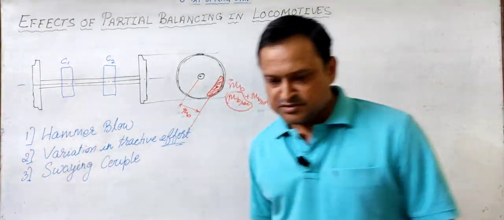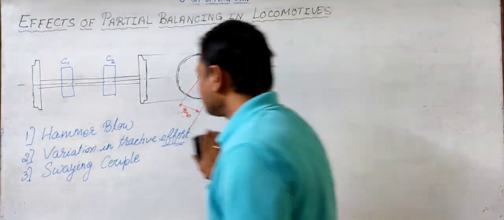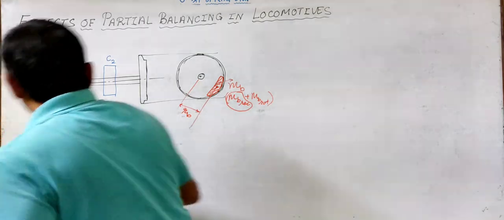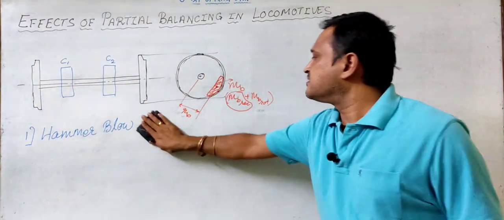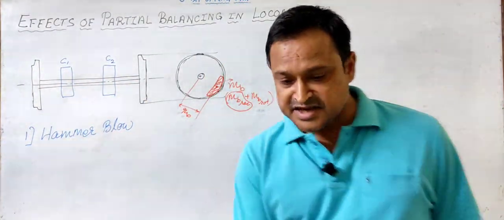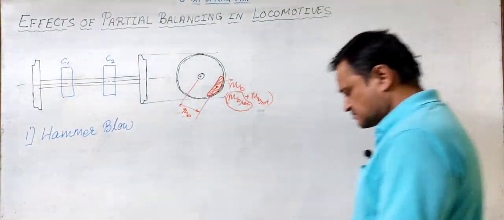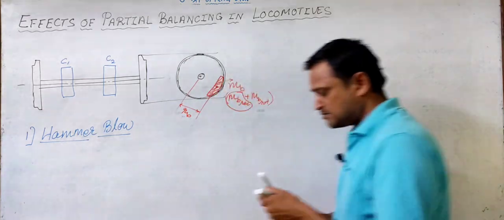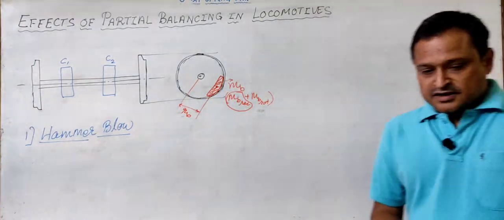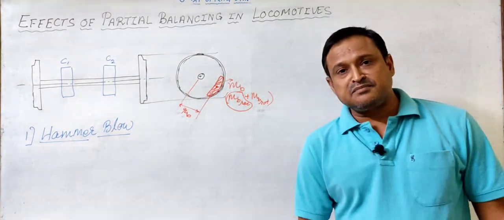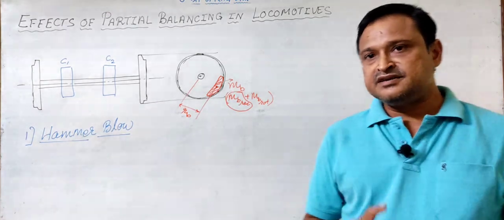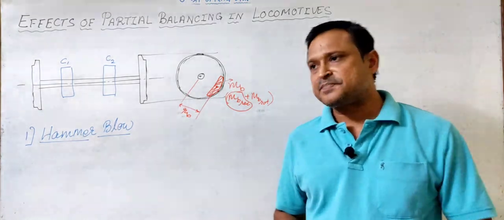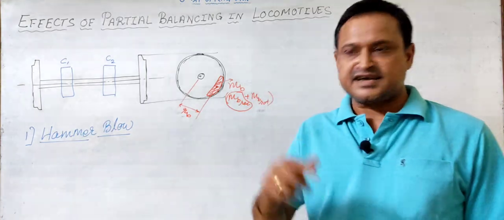So let us talk about this hammer blow. Now we are saying that there are two unbalances remaining in the system, one in the horizontal direction and the other in the vertical direction.